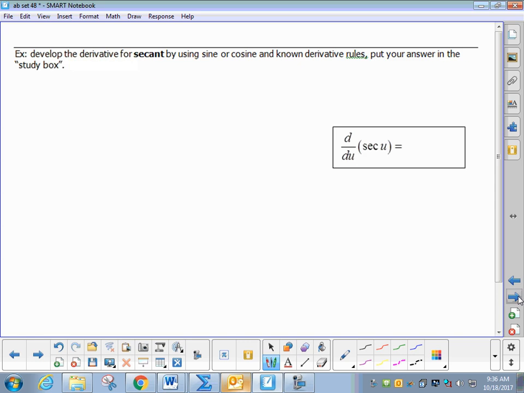Okay, how about secant? What did you take the derivative of? 1 over cosine. When you say 1 over cosine, did you use the quotient rule, or did you call it cosine to the negative 1 and use the chain rule? Quotient rule or chain rule? Or both?